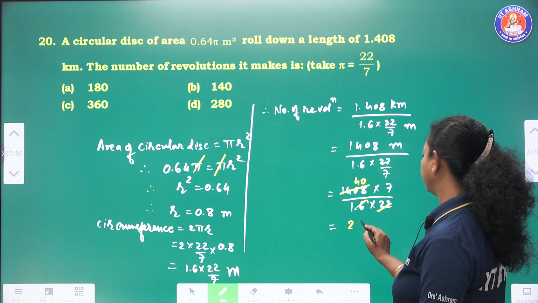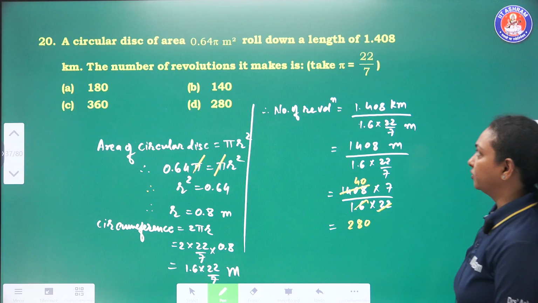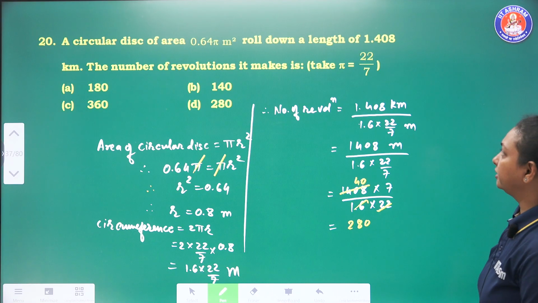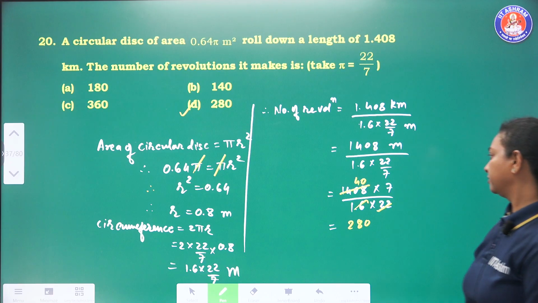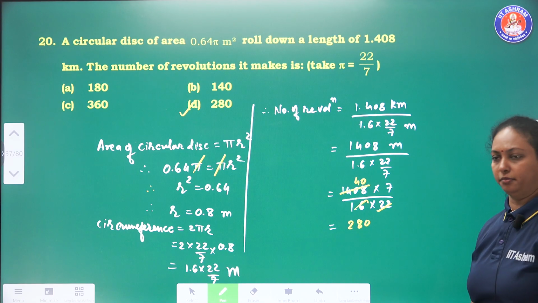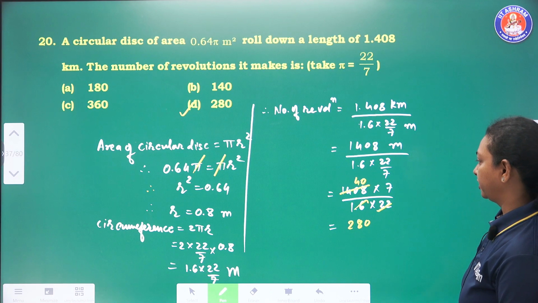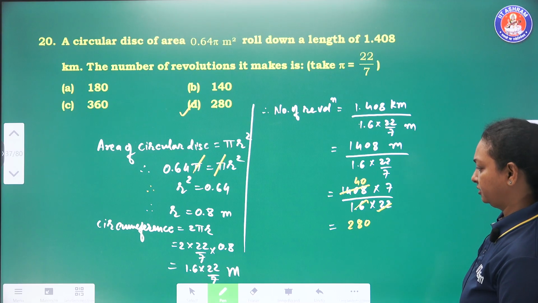So 40 into 7 is what? 280. So what is your answer? 280 revolutions they are making.